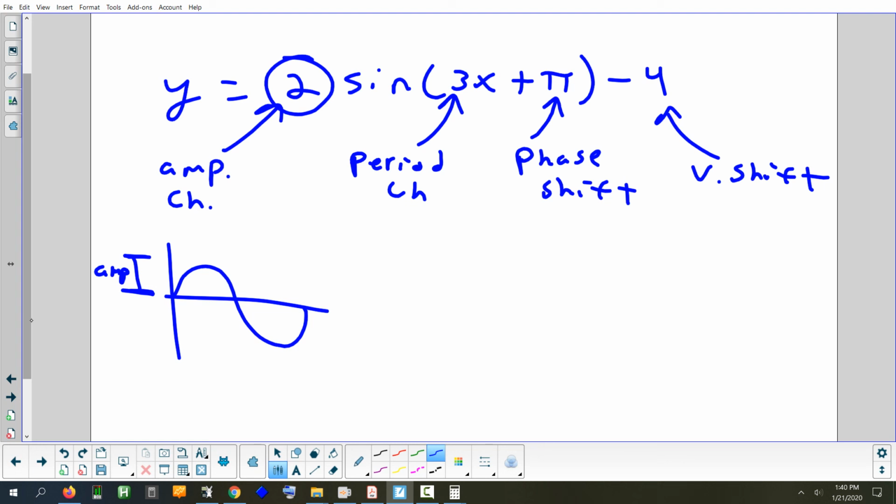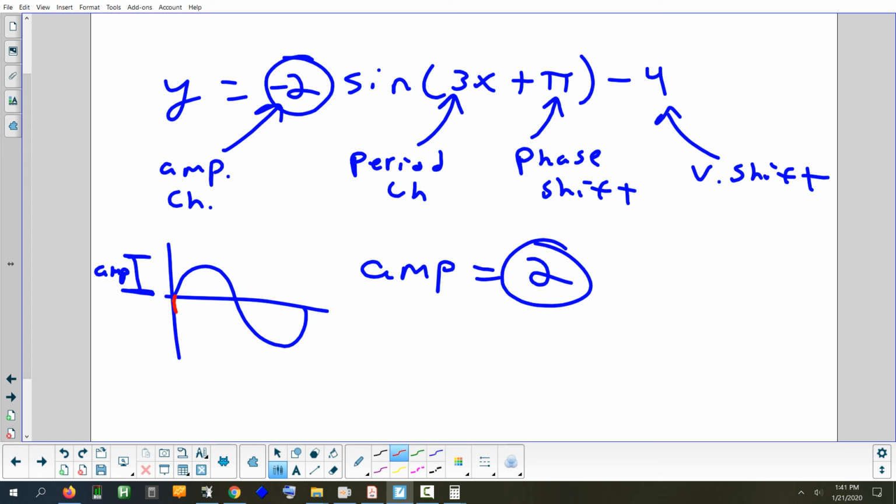So the absolute value of the number in front, in this case, is 2. If I made that a negative, it would affect how you draw it. It would cause a flip, but that negative would have no effect on the amplitude. It's still 2. Your graph would flip over, but it would still go just as high as it did before.